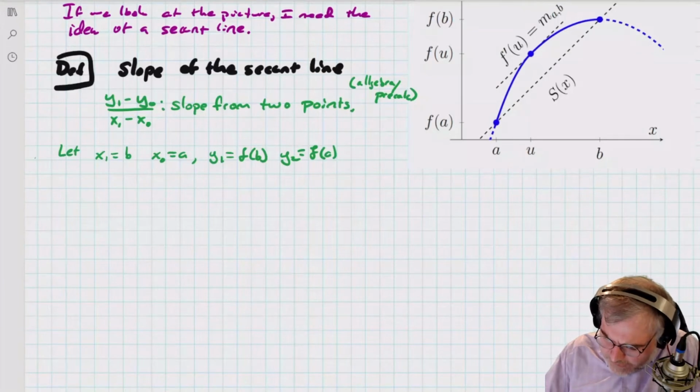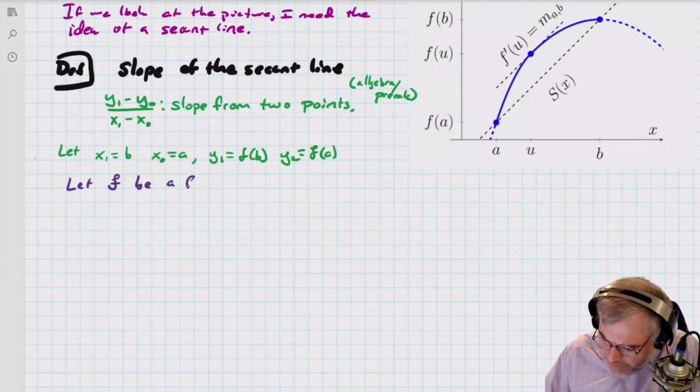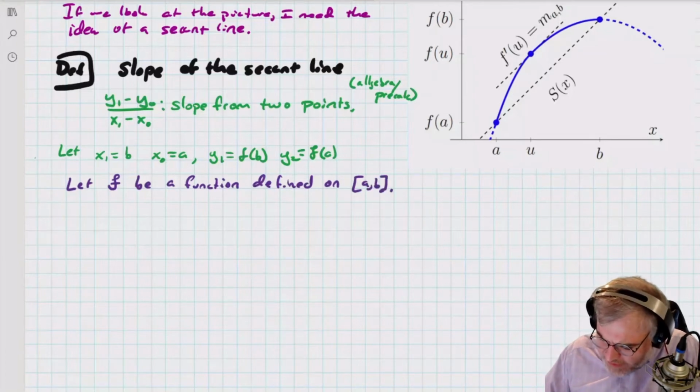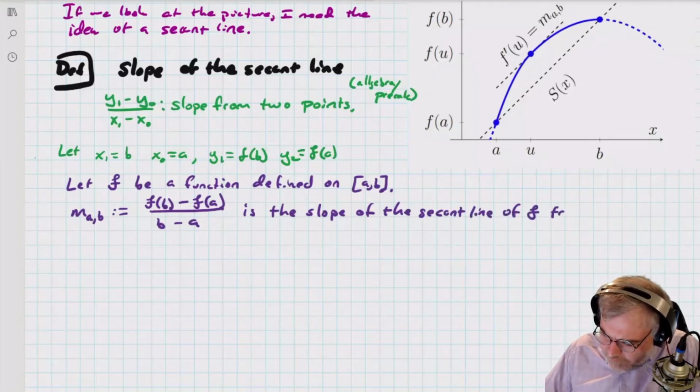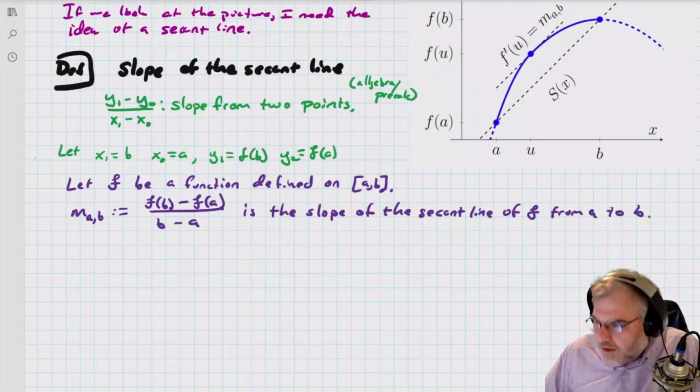Let f be a function defined on AB. Then M of AB is defined as f of b minus f of a over b minus a, which is the slope of the secant line of f from A to B. 1 to 5, how do we feel about that?